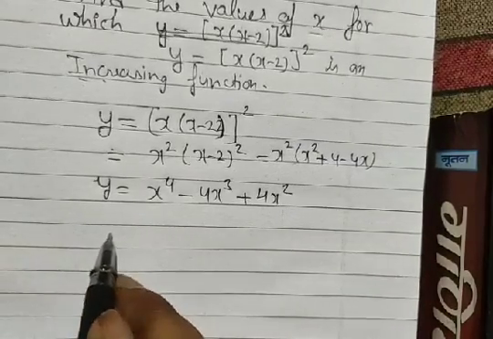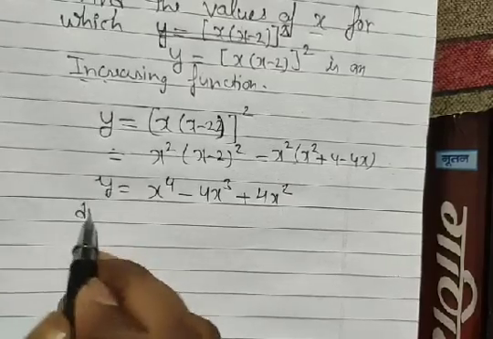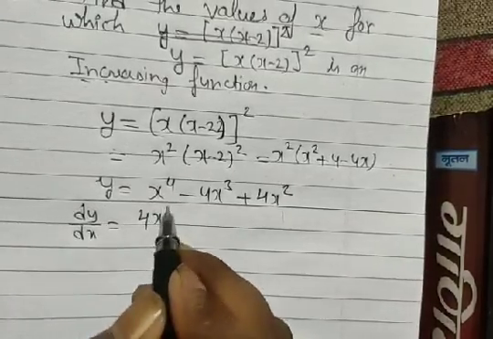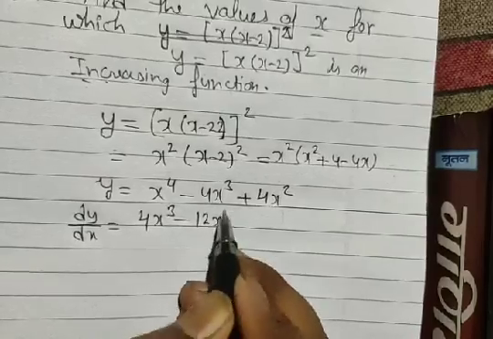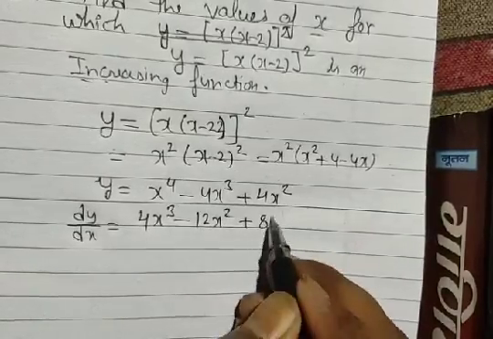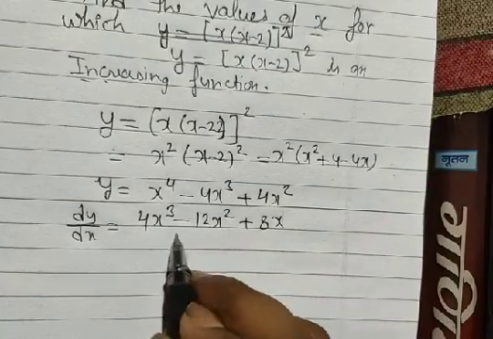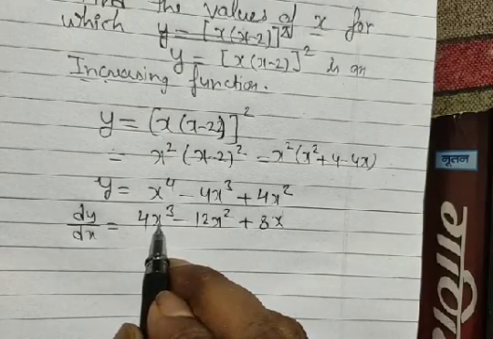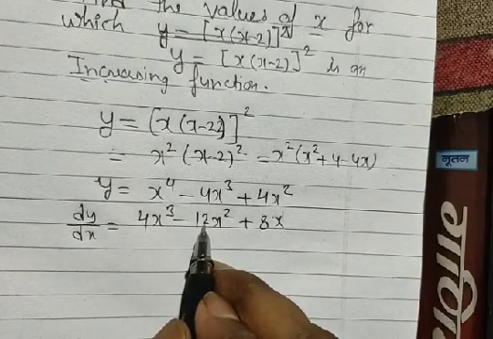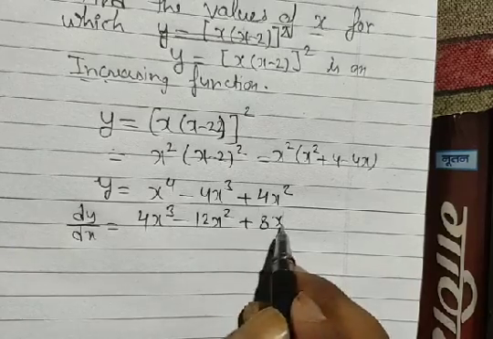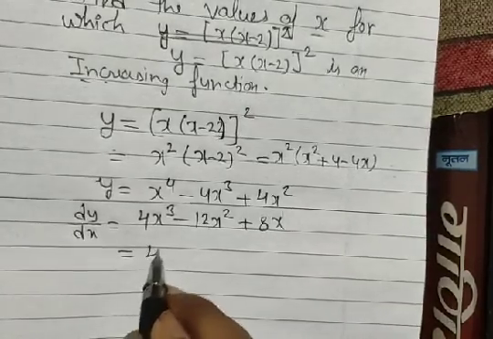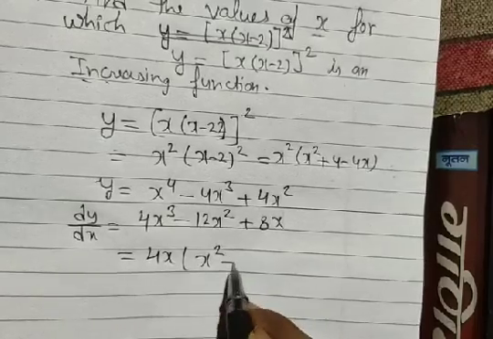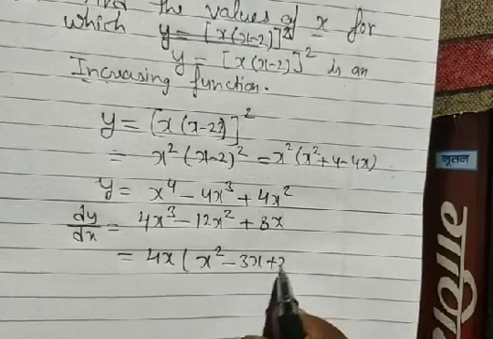Now we find its derivative. dy/dx is 4x cube minus 12x square plus 8x. We can take 4x common, which gives x square minus 3x plus 2.